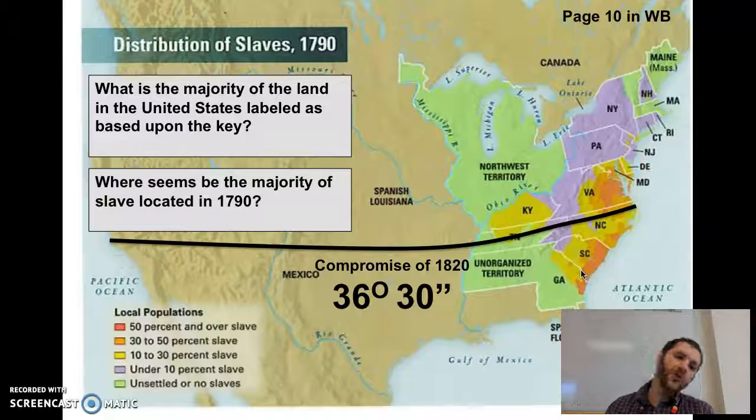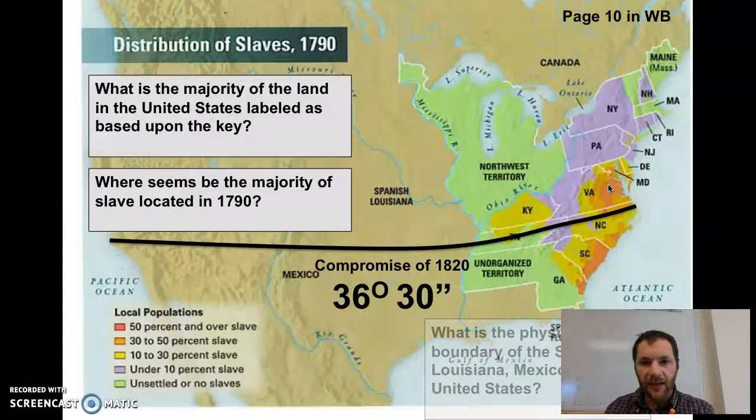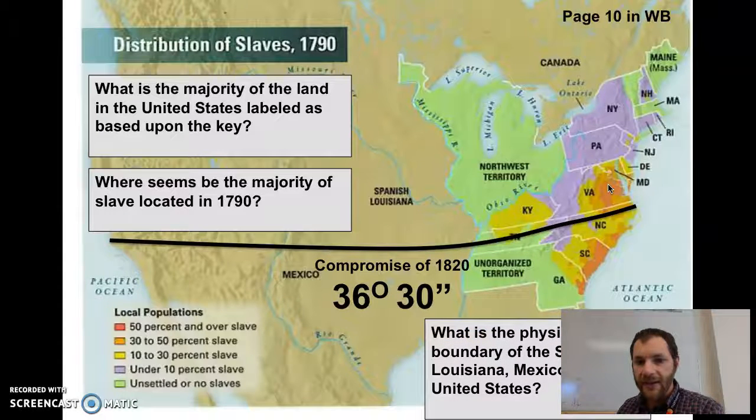The second question I want to pose is, where seems to be the majority of the slaves located? In 1790, the majority of them are along the coast and along the original colonies of the country. And lastly, what is the physical boundary of Spanish Louisiana, Mexico, and the United States?